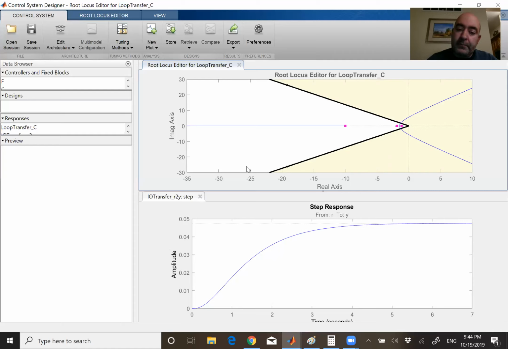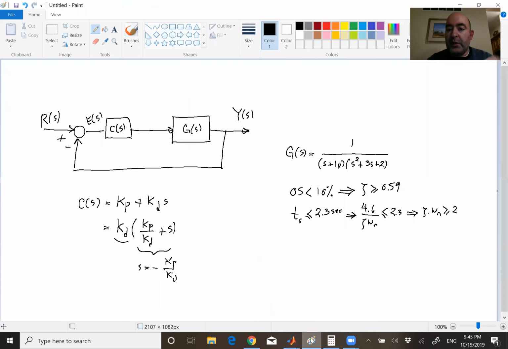The other design criteria is for the settling time to be less than 2.3 seconds. Now, this is a little bit tricky because our definition of settling time, if you recall, is 4.6 divided by zeta omega. And this is the time it takes for the system's output to settle within plus minus 1% of the final value.